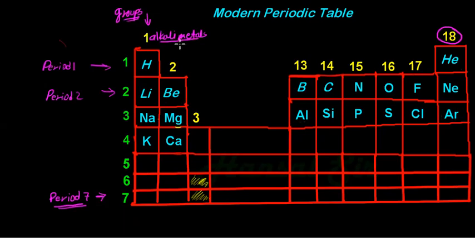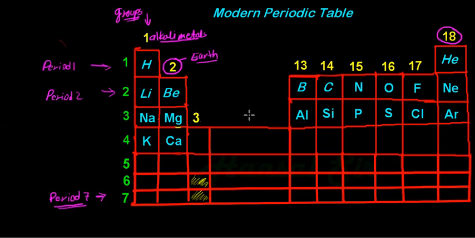They are called alkali metals because these elements form a very strong alkali with water. Group 2 is known as the alkaline earth metals. They are called alkaline earth metals because they also form an alkali, but it is weaker than group 1.